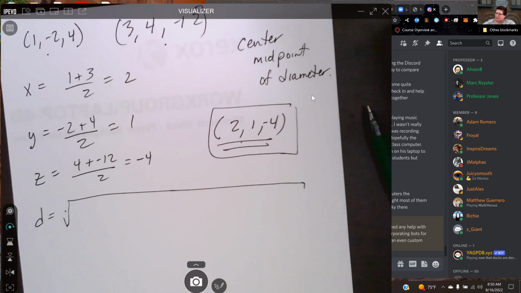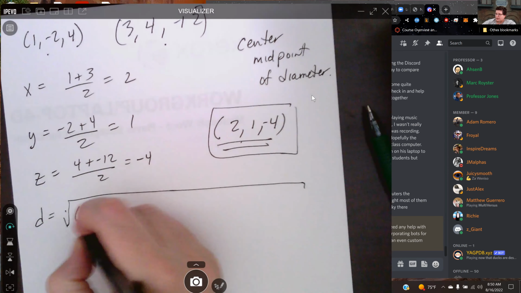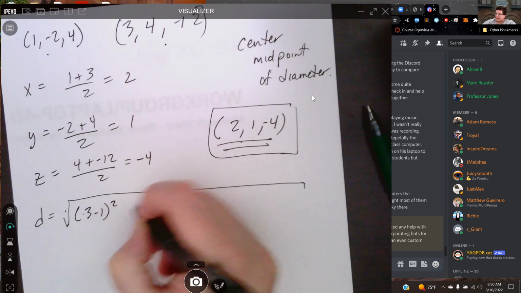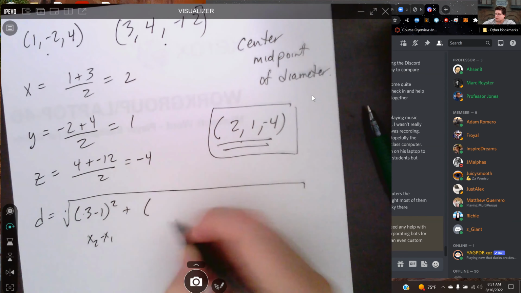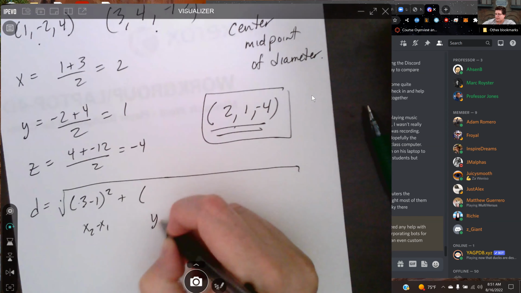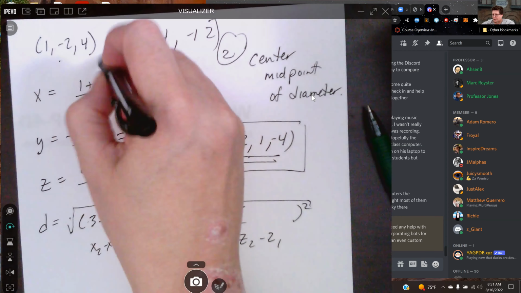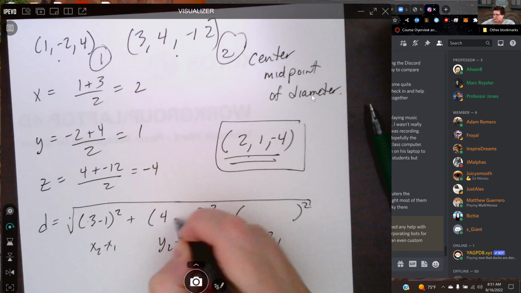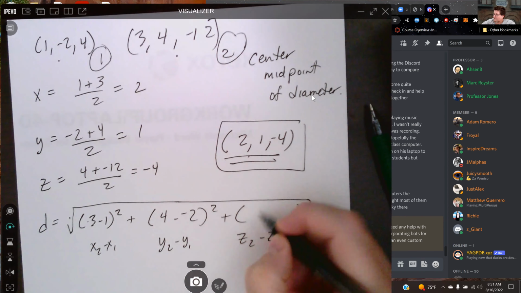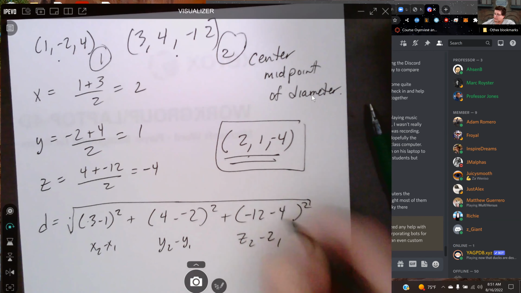X2 minus x1 squared. So I could do 3 minus 1 squared plus y2 minus y1 and z2 minus z1. I made this point number 2, so I will make this point number 1. 4 minus -2. And I've got -12 minus 4.